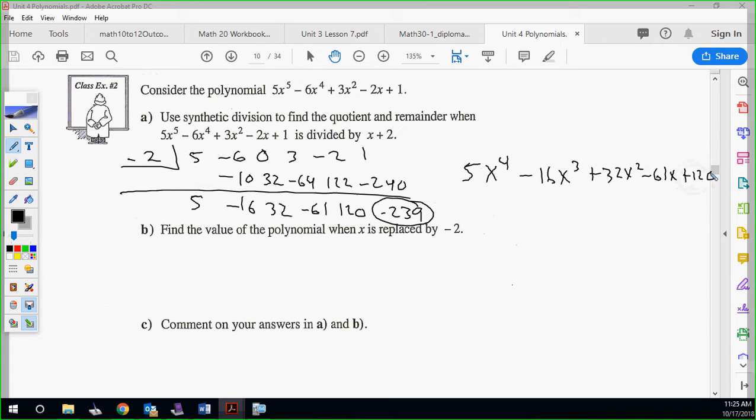So that's the quotient. Then it wants us to find the value of the polynomial when I put a -2 in. So what happens when we put a -2 into the original? Let's look.